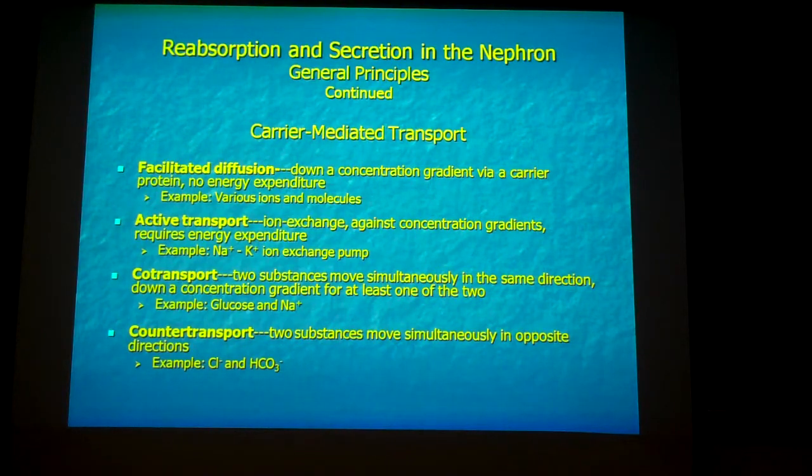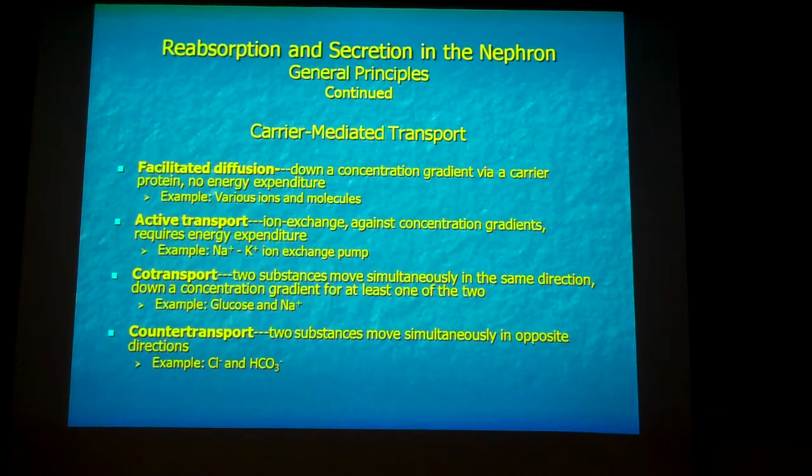So the cell pumps sodium out of itself into extracellular fluid in exchange for potassium, which moves out of extracellular fluid into the cell. This is called an ion exchange pump, and it does require energy in the form of ATP. Co-transport just means that two substances are moving together in the same direction. For example, glucose moving into the cell commonly moves with sodium. That's just co-transport.